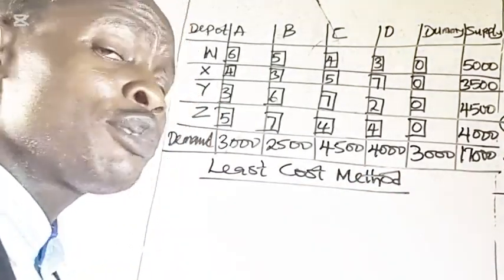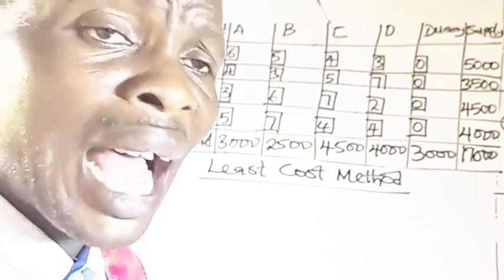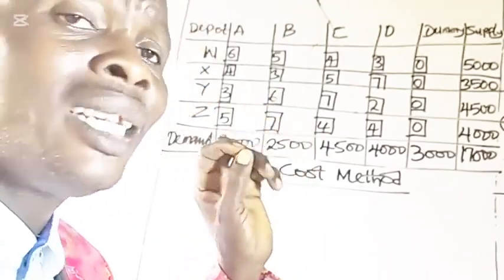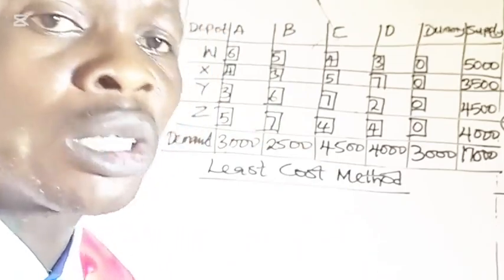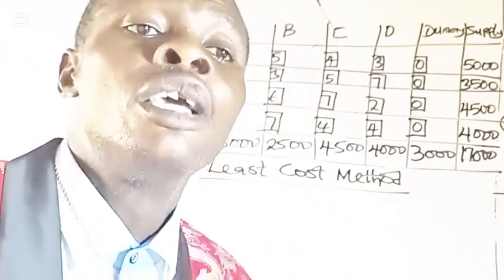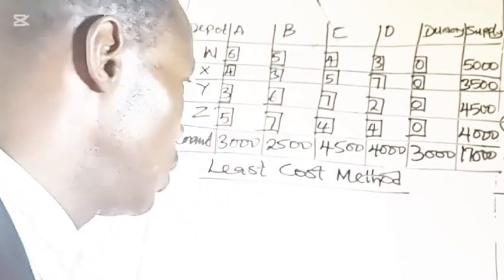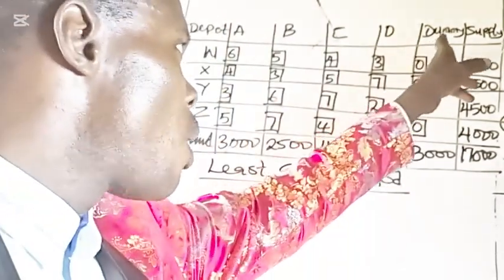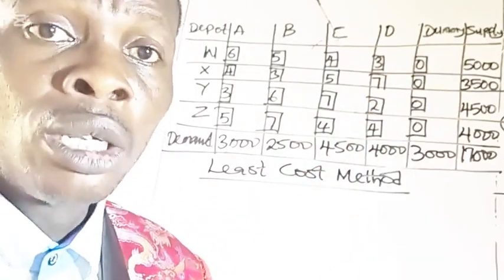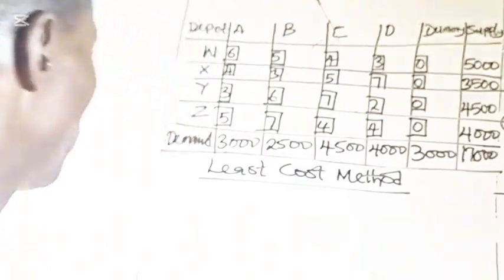Now, I have told you, if you have watched my earlier video, that when using the least cost method, the least cost, that is the smallest cost, is always the focus of allocation. So since dummy was introduced to make a balance, dummy should not be counted as part of our least cost.